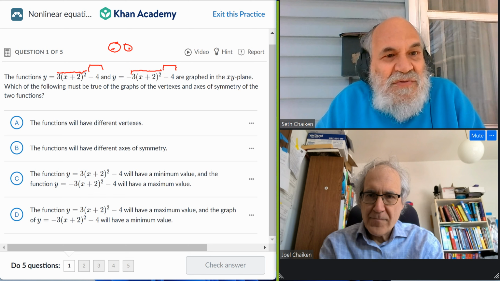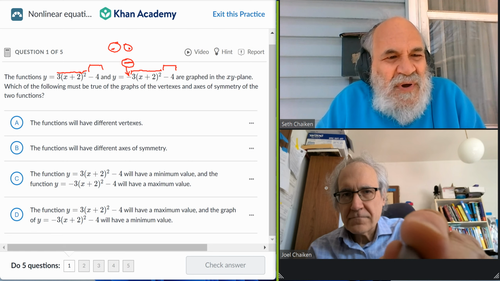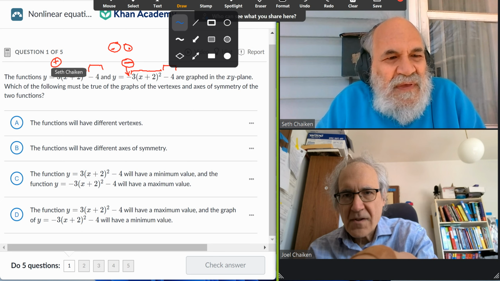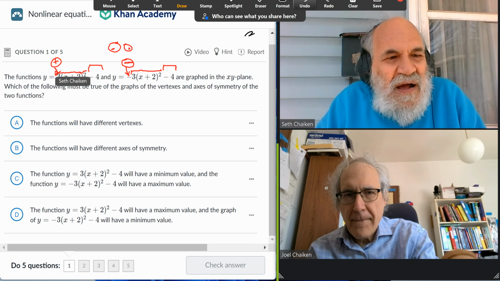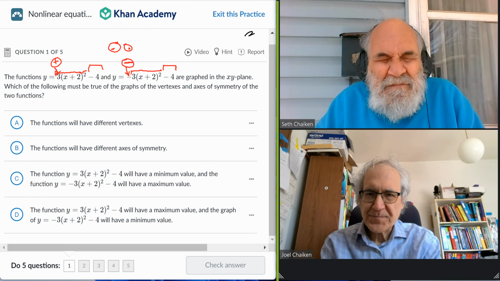But the other, however, is 3 times the quantity x plus 2 squared. Those two terms have opposite signs.